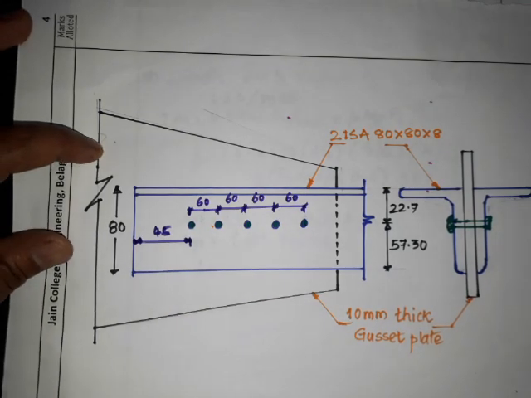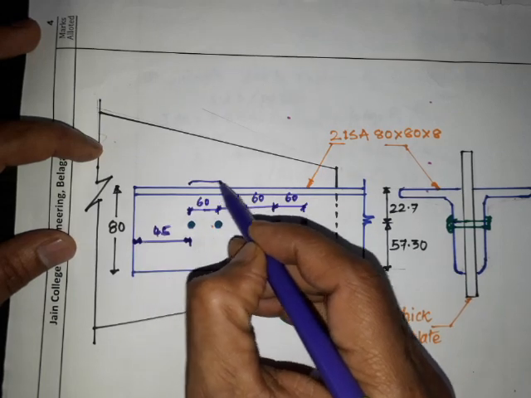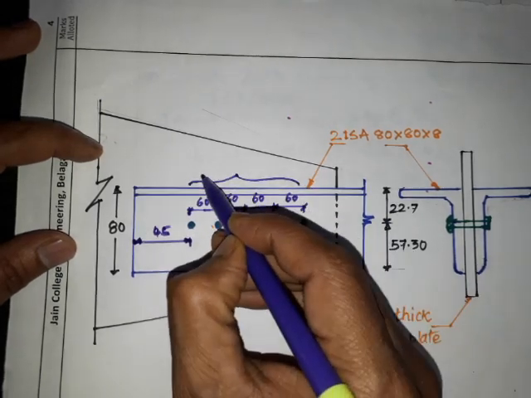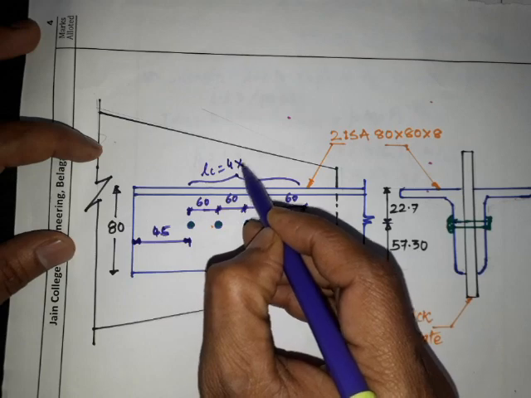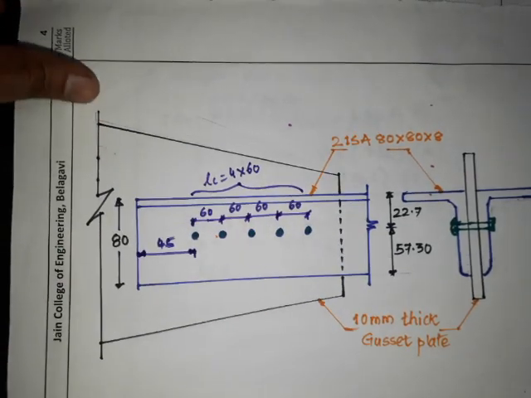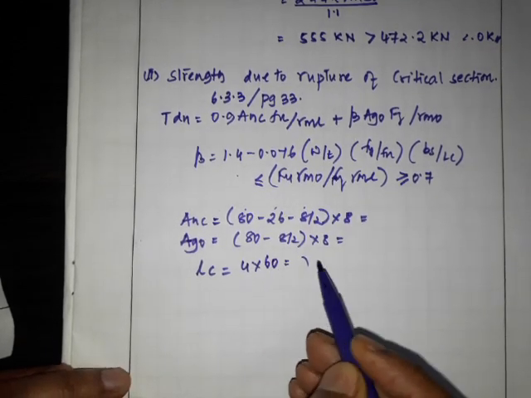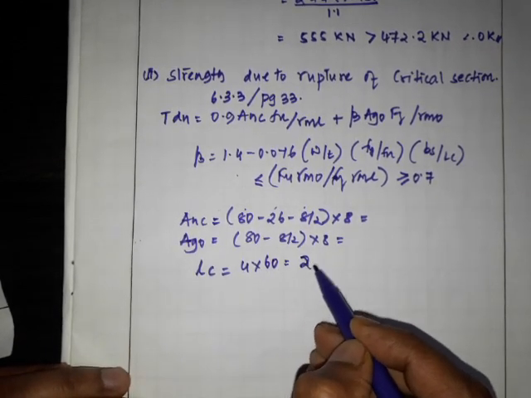Understood? So the length of connection is from here to here. So LC will be 4 times 60, 1, 2, 3, 4. So we will get this as 240 mm.